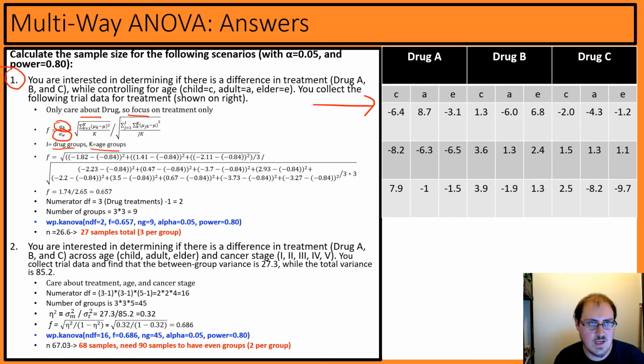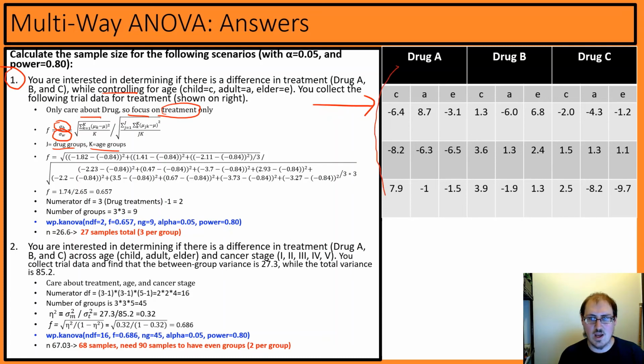The big thing here is we're controlling for age, so we only want to focus on treatment. For this first one, these are the different drug groups, so the means divided by the overall mean, and so forth, divided by the number of drug groups, which is 3, and then that's all divided by the mean of each drug combination.